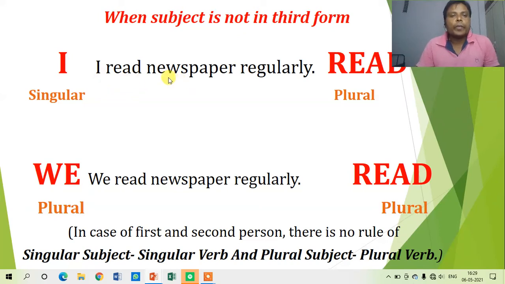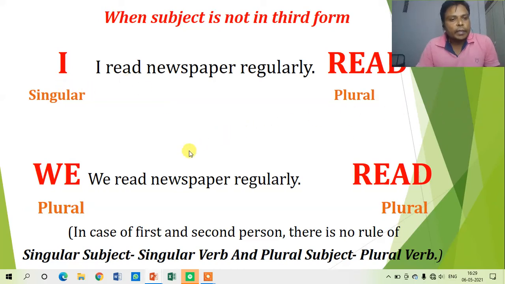We are concerned only with the subject and verb, not other things like newspaper and regularly. Let us concentrate on these two words, I and read. Here we have used I, which is singular, but we have used read, which is a plural verb. So when the subject is singular, the verb is plural.